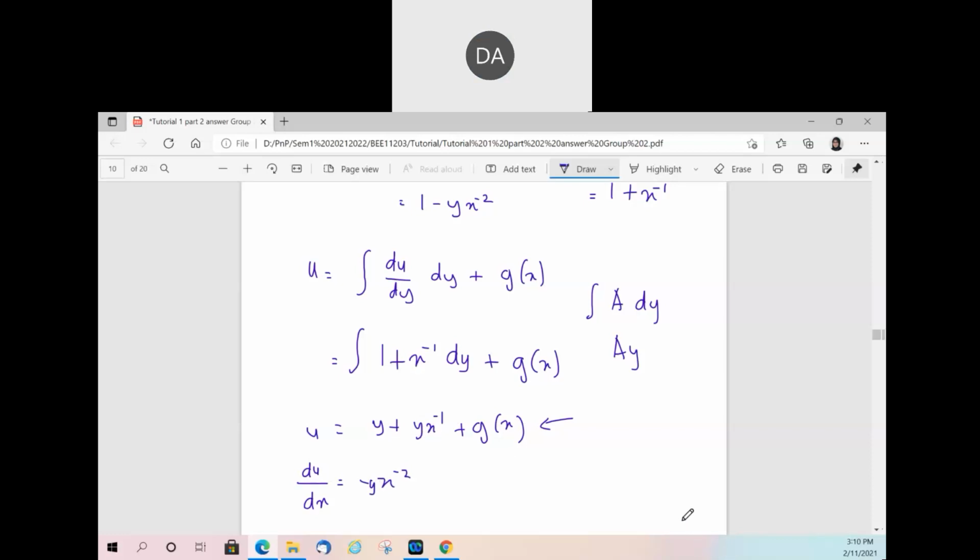Right, you have minus y x minus 2. Plus with, this one will be g. You differentiate this gx, you'll get g prime x. Okay, faham.